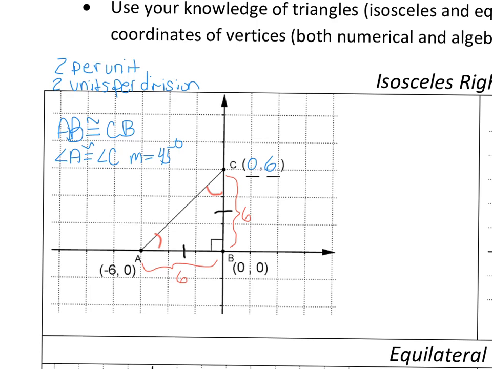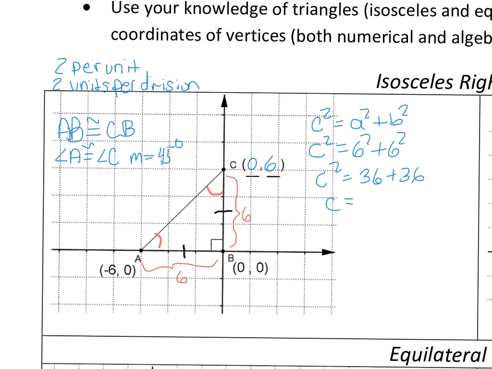Let's go ahead and calculate the length AC. C squared equals A squared plus B squared. We're going to go ahead and use our Pythagorean theorem since this is a right triangle. And we are calculating that hypotenuse AC, so I'm just going to leave that as C. And we've got two sides of 6. So I've got 36 plus 36.